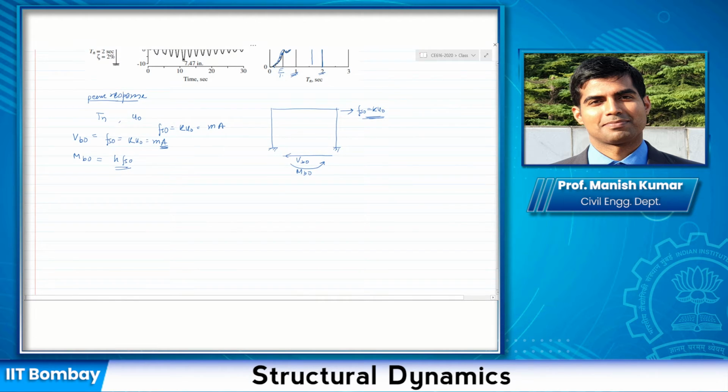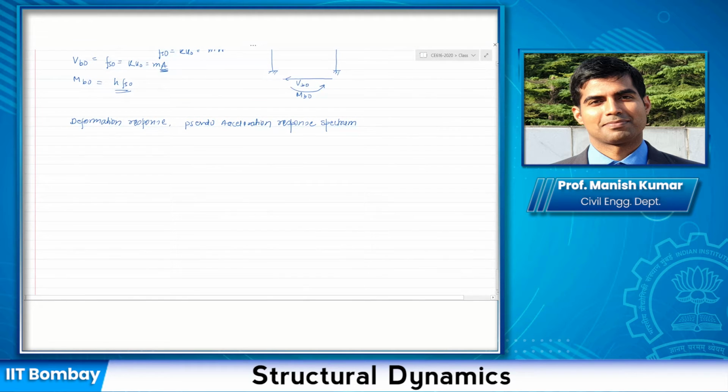So in addition to the deformation response spectrum, I would also be interested in the pseudo acceleration response spectrum. Let me just define it once. I said that my U naught would be nothing but the maximum of U, or let us say I write it as the magnitude, as a function of Tn and zeta.